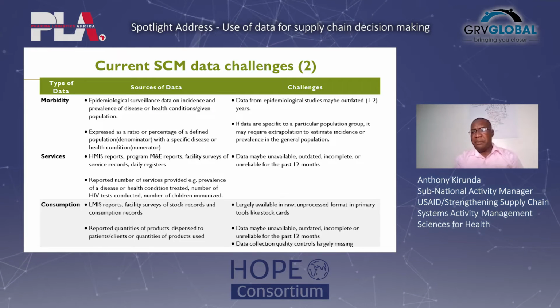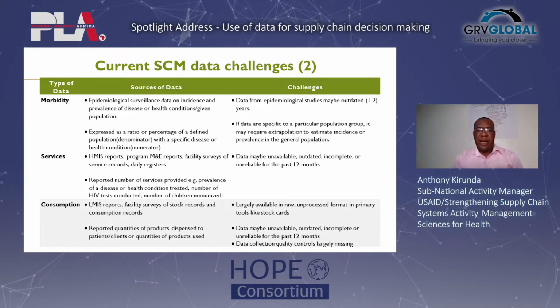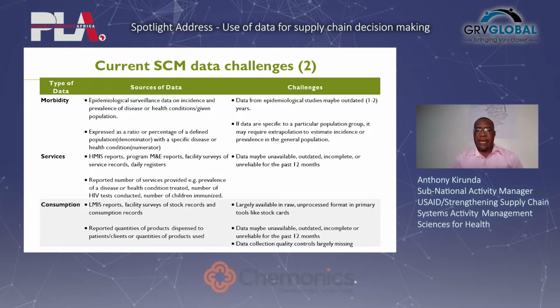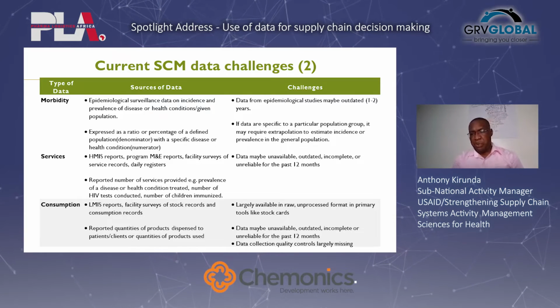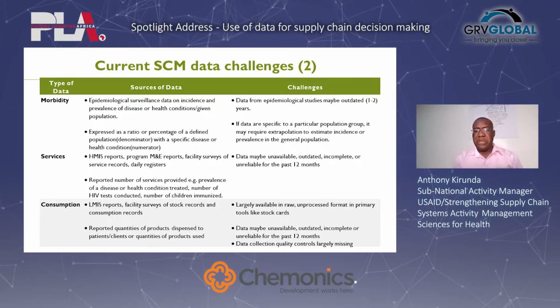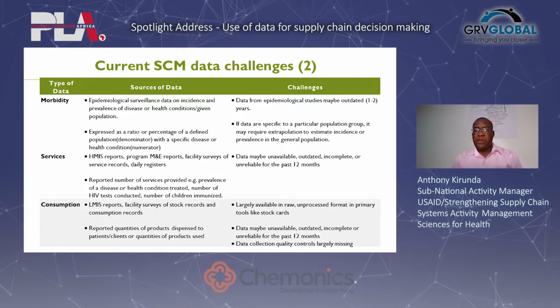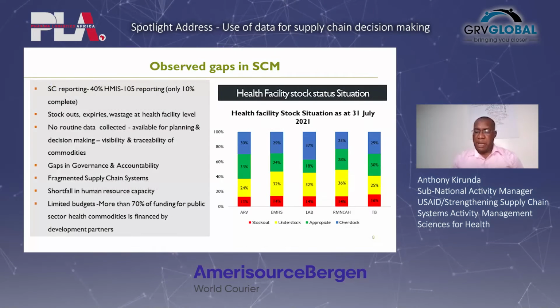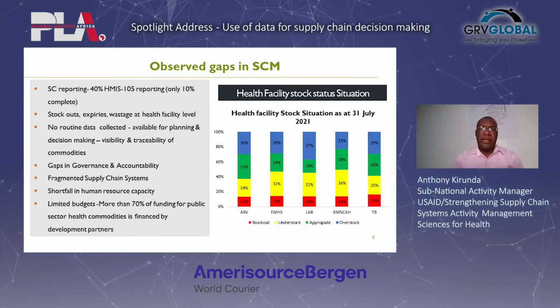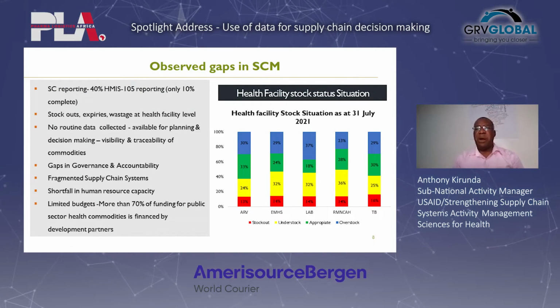Consumption data would be the other very good area to look into. The challenge we have with it is that it's largely in raw form. For example, stock cards and stock books are not analyzed, and also sometimes not properly updated. Because of this, we have seen a number of challenges.